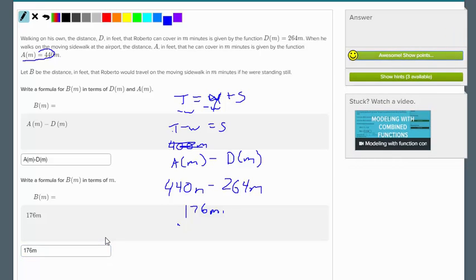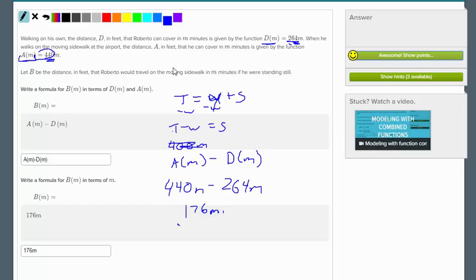We got it right. Okay, so this whole section is putting these together somehow, adding, subtracting, multiplying, dividing the d of m and the a of m, figuring out which one, and then after I do that, substituting what it equals in for it, right? So we substitute this in, then simplify.